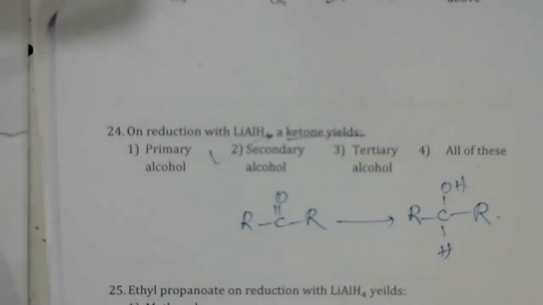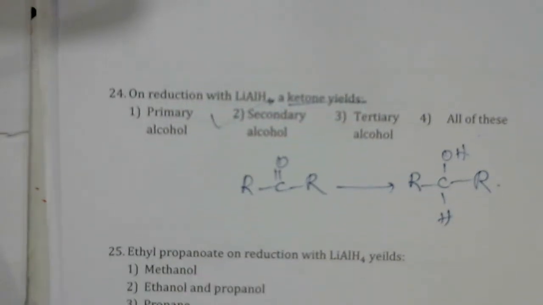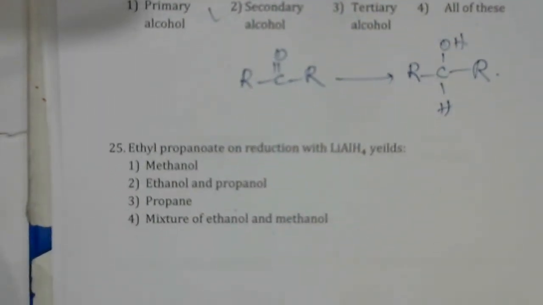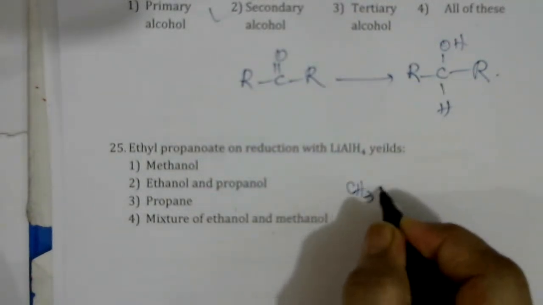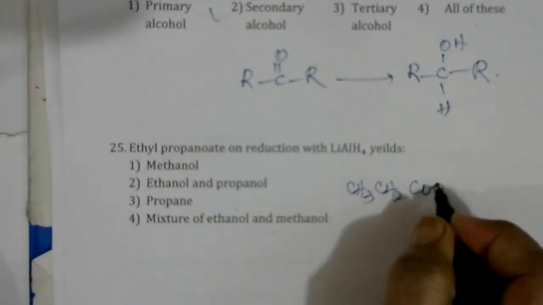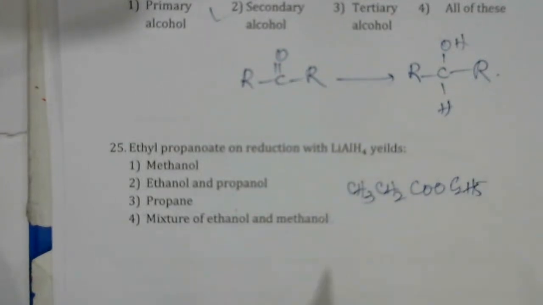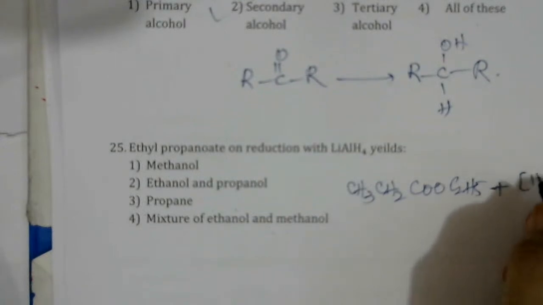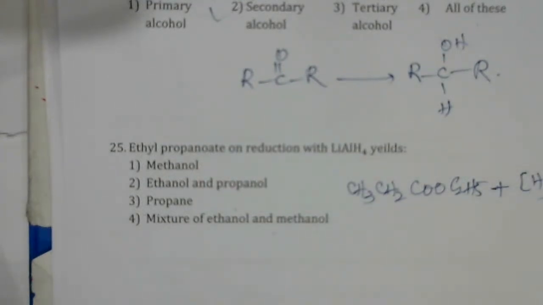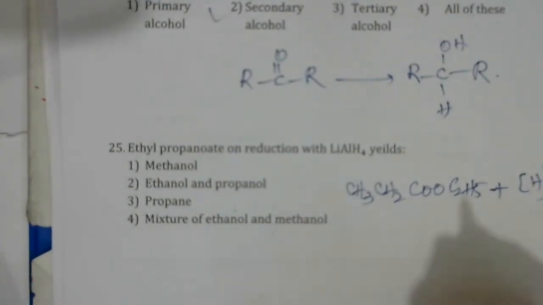Next question. Question number 25. Ethyl propanoate, CH3CH2COOC2H5. Ethyl propanoate on reduction. Remember one thing, esters on reduction are converted into primary alcohol.